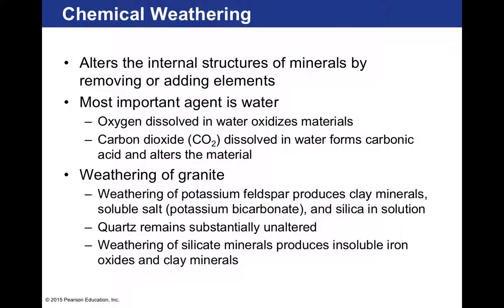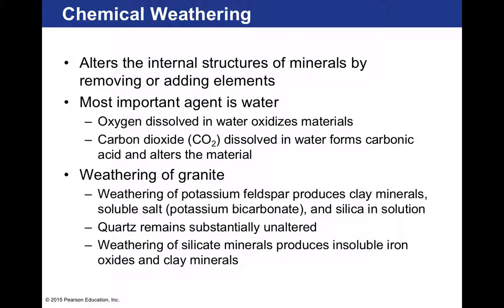Natural water can sometimes be on the acidic side, so it can break down materials. You could also have sometimes carbon dioxide dissolving in water to form a different type of acid. That would be called carbonic acid, which could easily alter a material.